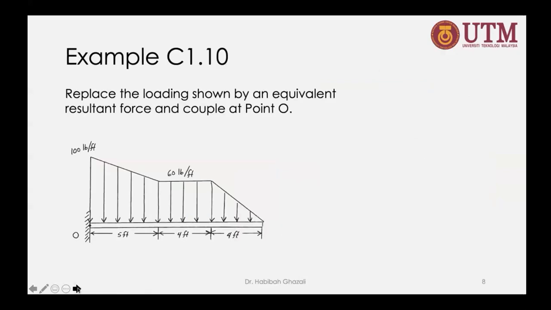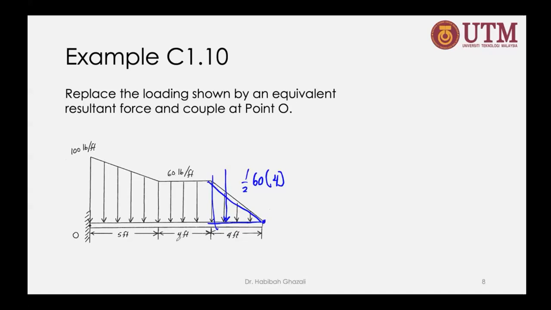So for example, I have another example that I give you here. What you can do is find the resultant force for this distributed load. So this will be half of 60 times 4. So that's your distributed load. And where is that location going to be? It's going to be somewhere here, 2/3 from the lowest intensity.